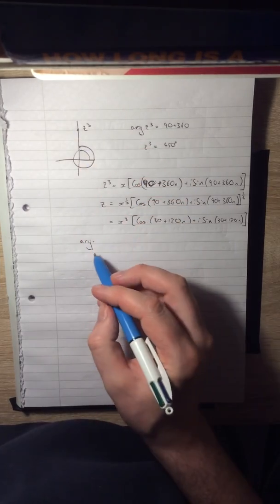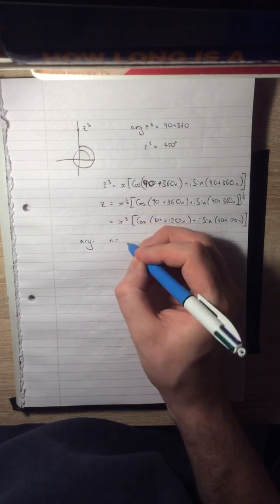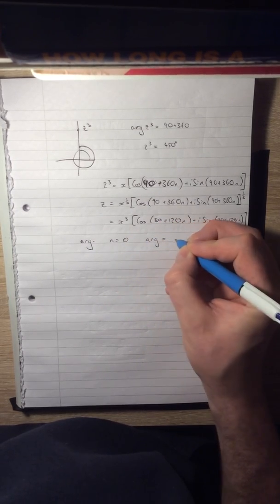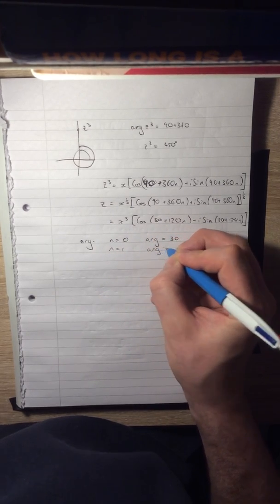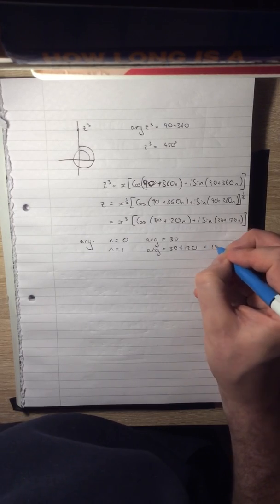Okay, so the argument for z, the cube root of that number, would have to be either, when n is 0, the argument will be 30. When n is 1, the argument will be 30 plus 120, equals 150.